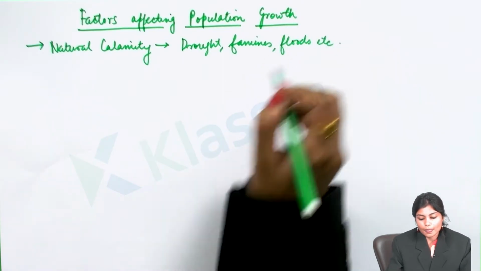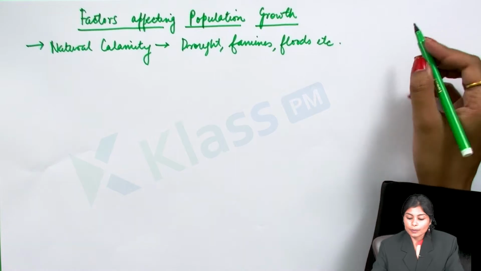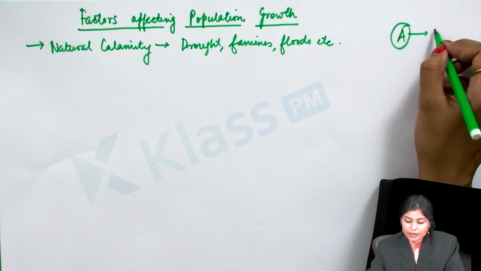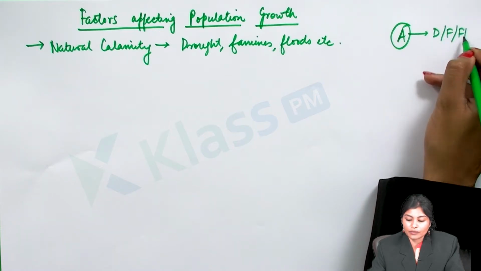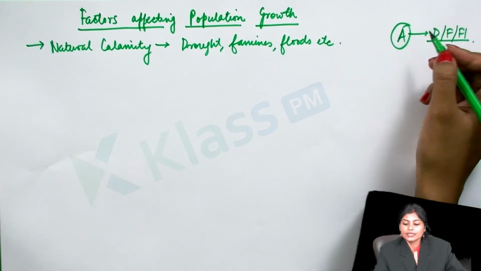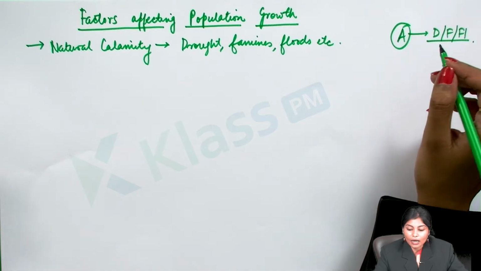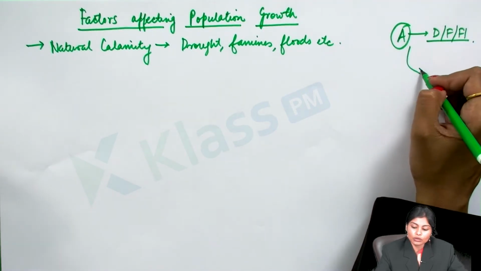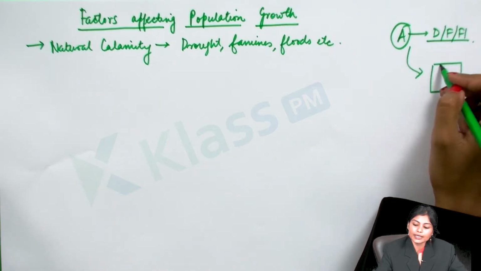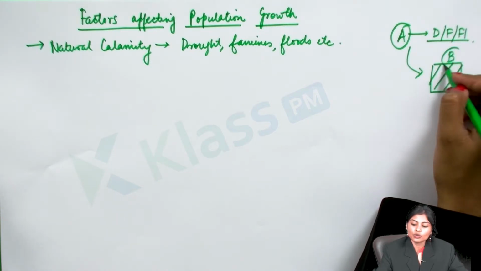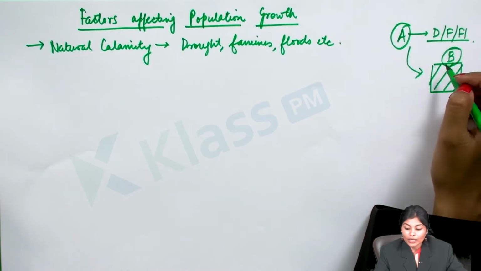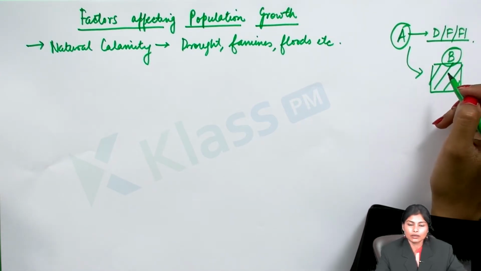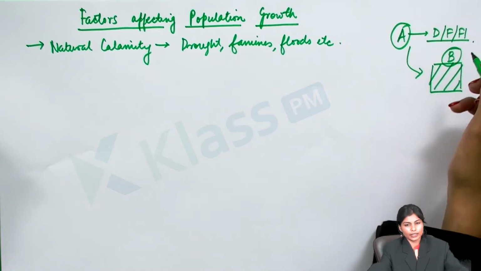What usually happens is, suppose area A has received some kind of natural calamity, whether it is drought, famine or flood. Since this area has been affected, the people of that area will probably consider a safe option to move to another place B. Now this place B already has the required amount of population that it should have.